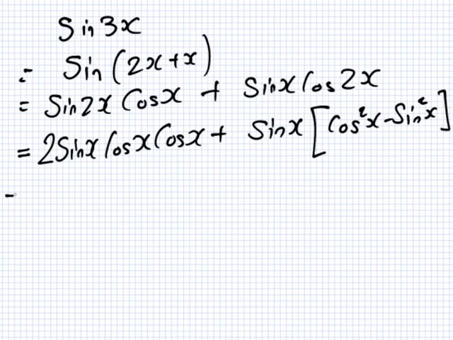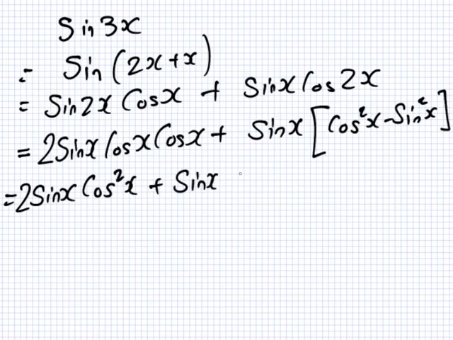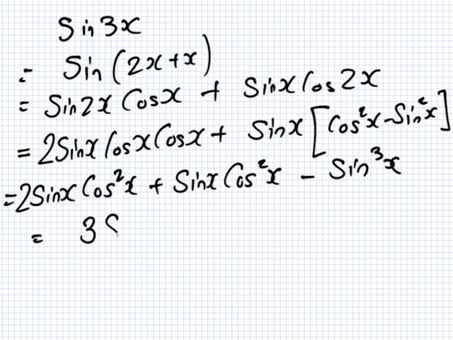So now we have 2 sine x cos squared x plus sine x cos squared x minus sine cubed x. So that would be 3 sine x cos squared x minus sine cubed x.